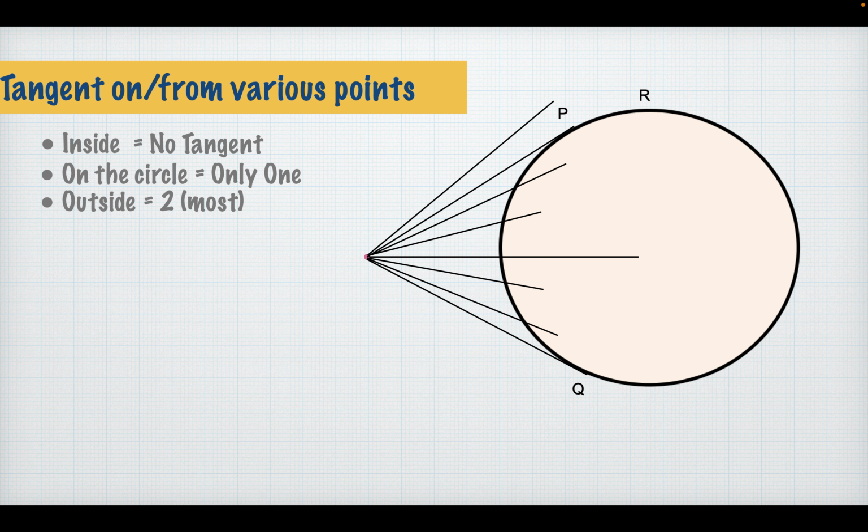And if I'm not going to touch the circle, I'm not going to get a tangent. So from a point outside, I can draw at most two tangents to a circle. And there is a very interesting theorem associated with these tangents drawn from outside the circle, and we are going to learn about it in theorem 10.2.